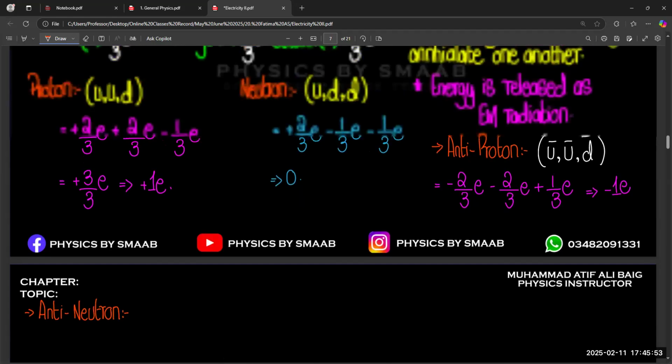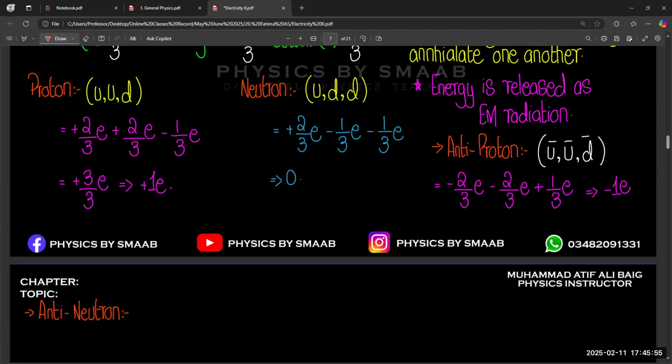So the final result will be equal to 0, but the representation will be different.